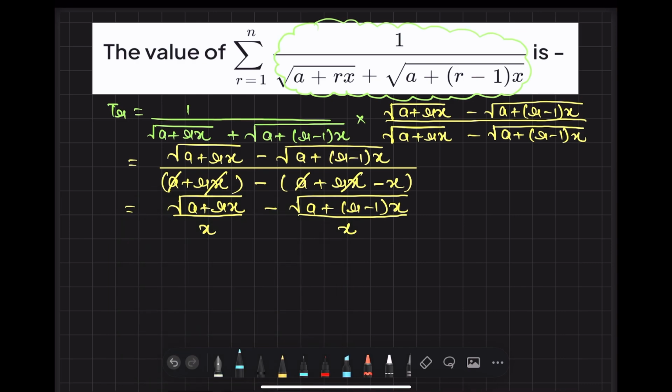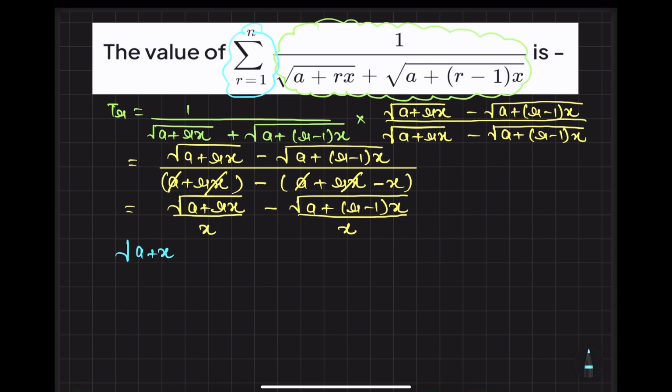Okay, now we are good to go with applying the limit. So the first value of r is 1, so we will substitute r as 1 and look at what we will get. So we got root over a plus x minus root a, by x.